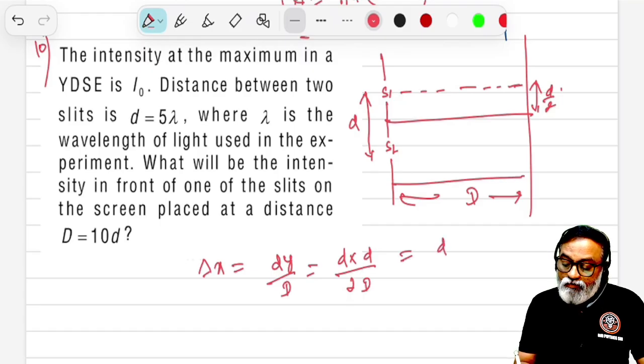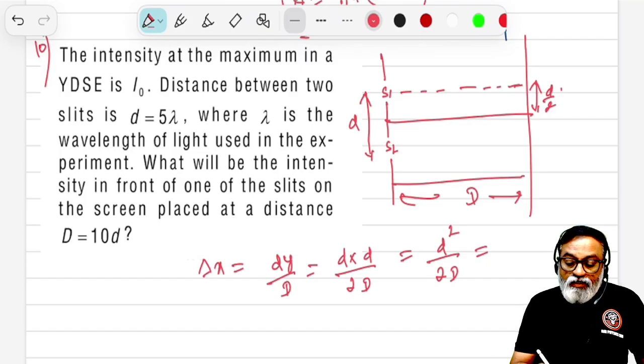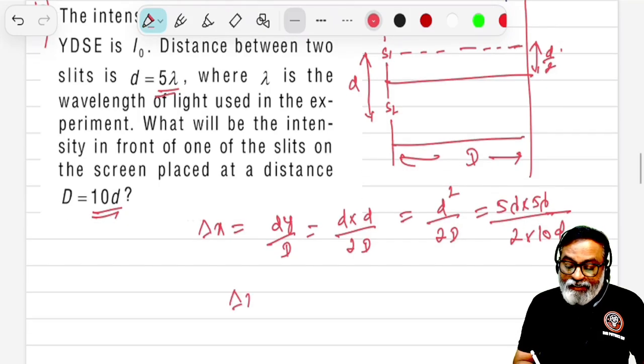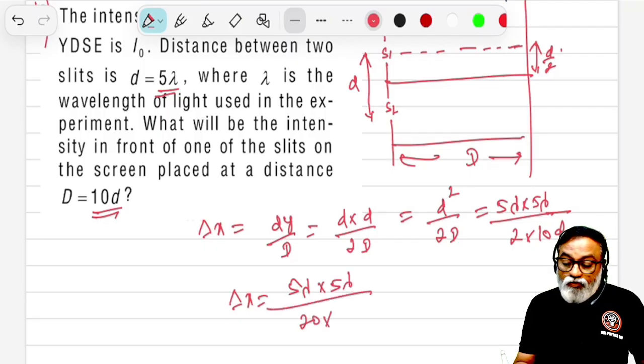That is equal to d square by 2D. Here d is given as 5 lambda. Therefore, 5 lambda into 5 lambda by 2 into D, where D is given as 10d. Therefore, delta x is equal to 5 lambda into 5 lambda by 20 into d, which is equal to 5 lambda.